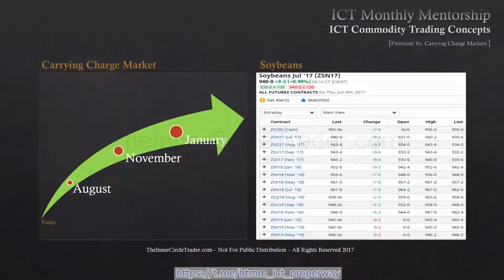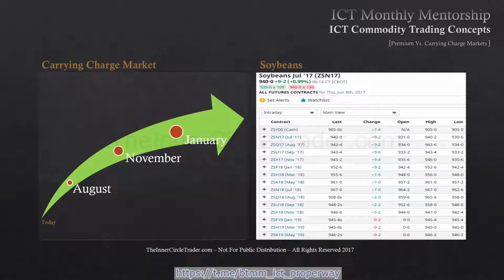So in July 2017 soybeans, closing price would be representative of $9.40, and in August, its closing price would be representative of $9.43 and 4/10. So we're seeing an increase. And then the next month out, further out in November, we can see that the closing price is $9.45. And then in January of 2018, it's $9.52. So this is a typical carrying charge market.